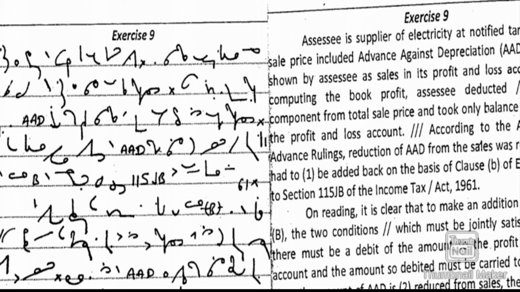It is a timing difference and represents adjustment in future, which is inbuilt in the mechanism notified by the Income Tax Department.